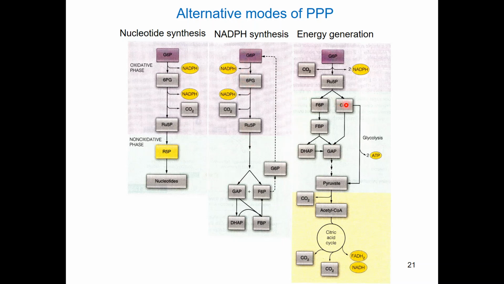But in some intermediate cases, neither nucleotide synthesis is required, nor are other anabolic processes very active. In this case, of course, the oxidative phase will operate to produce NADPH, but once we form fructose 6-phosphate and glyceraldehyde 3-phosphate as a result of the non-oxidative phase, those two molecules enter glycolysis to supply the cell with ATP, so as not to waste those carbon atoms that can donate electrons to further drive oxidative phosphorylation.